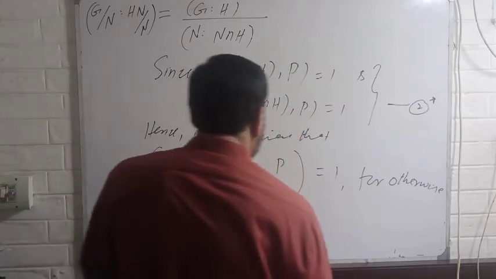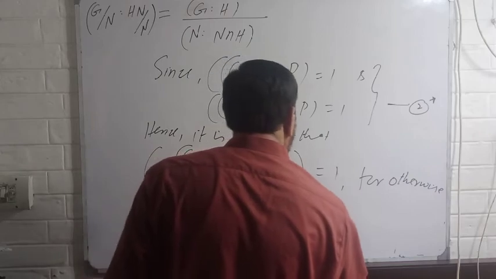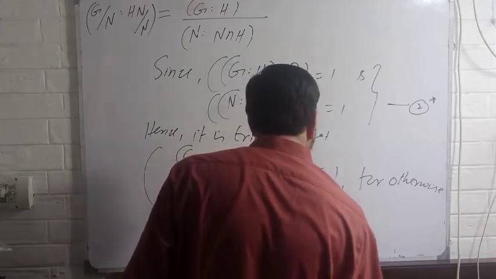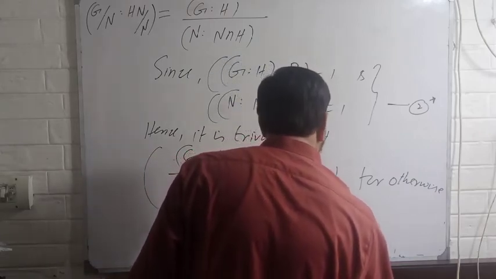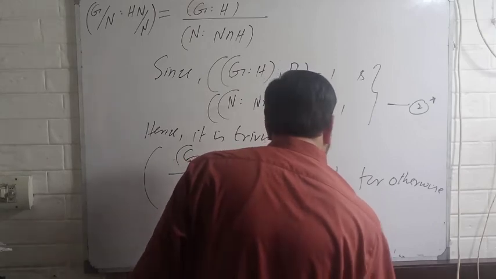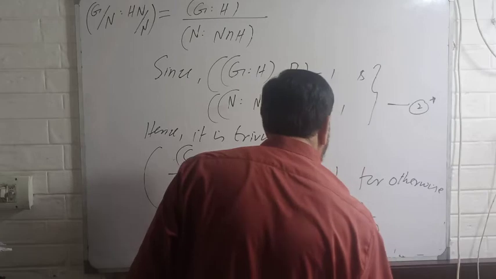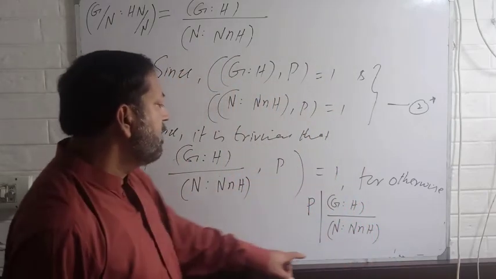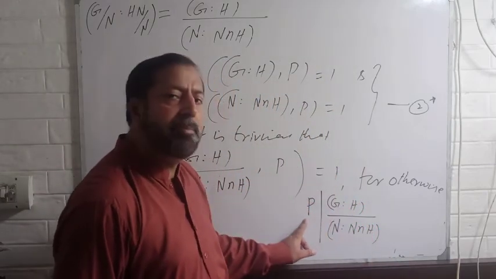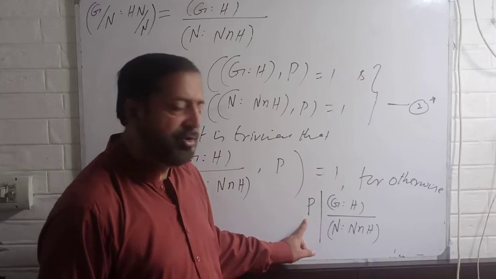For otherwise, P divides index of G by H by index of N intersection H in N. Of course, now this must be equal to some Pt, where t is an integer.